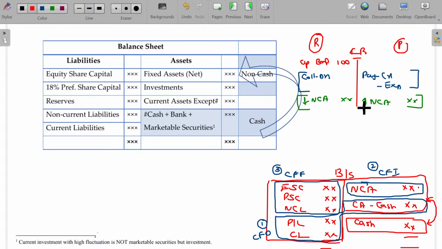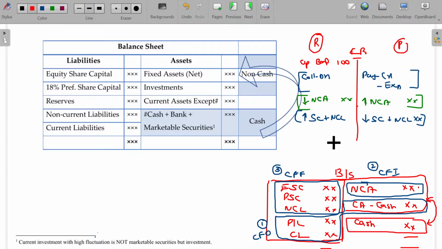Not only that, now we are going to consider the next part. What's that? Financing. Increase in share capital as well as non-current liabilities are sources. Decrease of share capital and non-current liabilities are applications. This will be due to cash from financing.